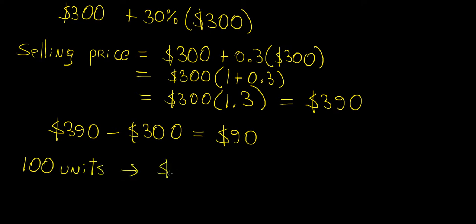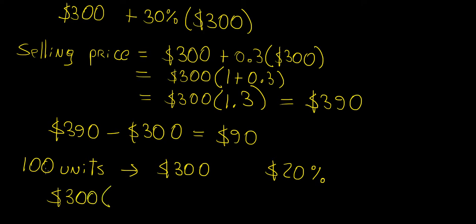So the cost of each unit is $300. But then the company tells you, if you're going to buy 100 units at once, I'm going to give you a 20% discount on the total cost of those units. So in that case, what you would end up paying would be 300 times 100, and then they give you a discount of 20% on the whole buy.